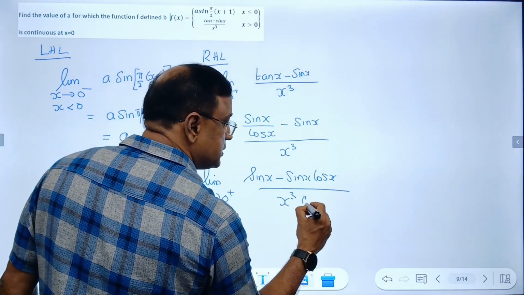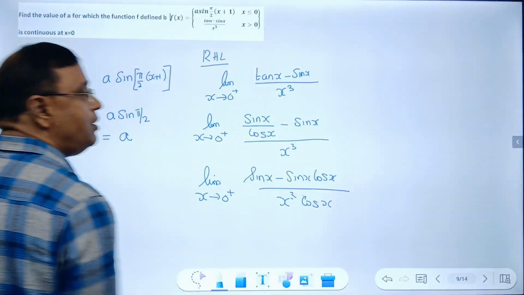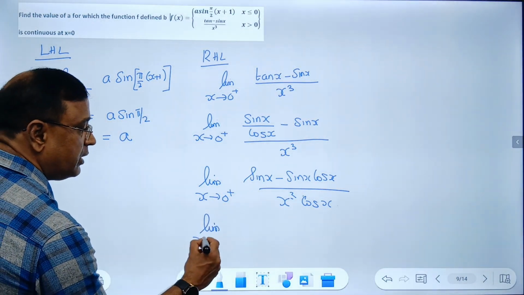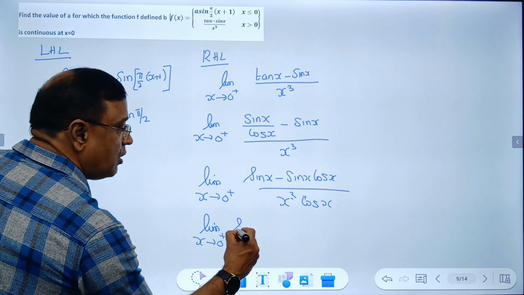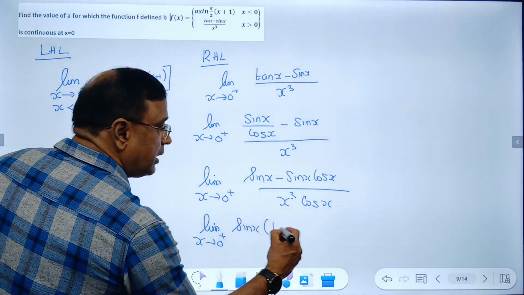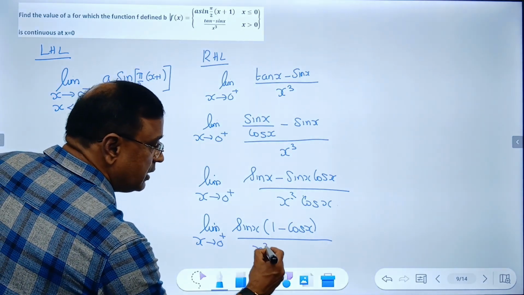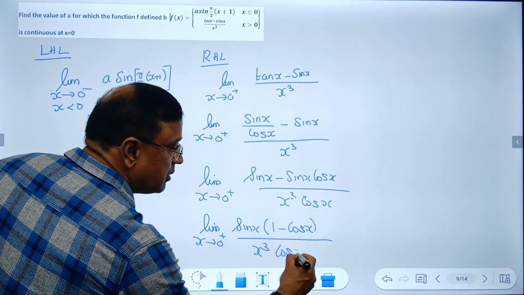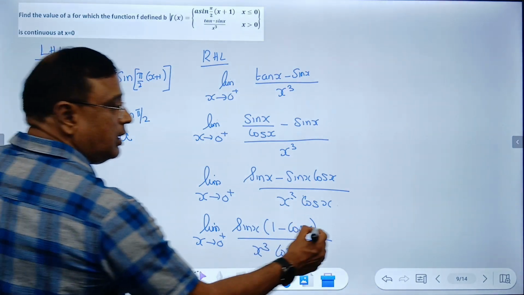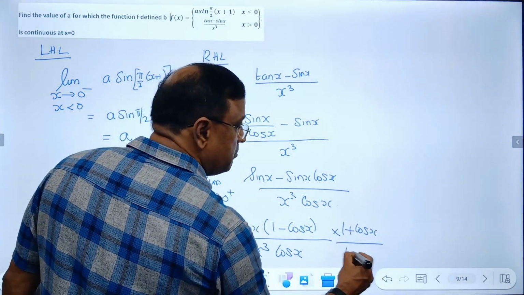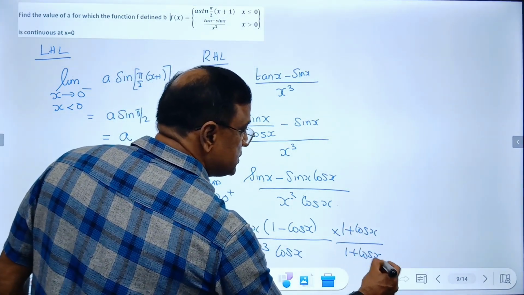Now what is common in the numerator? Clearly sin x is common. So I get sin x into 1 minus cos x by x cube into cos x. So what do you do here? I multiply and divide by 1 plus cos x.